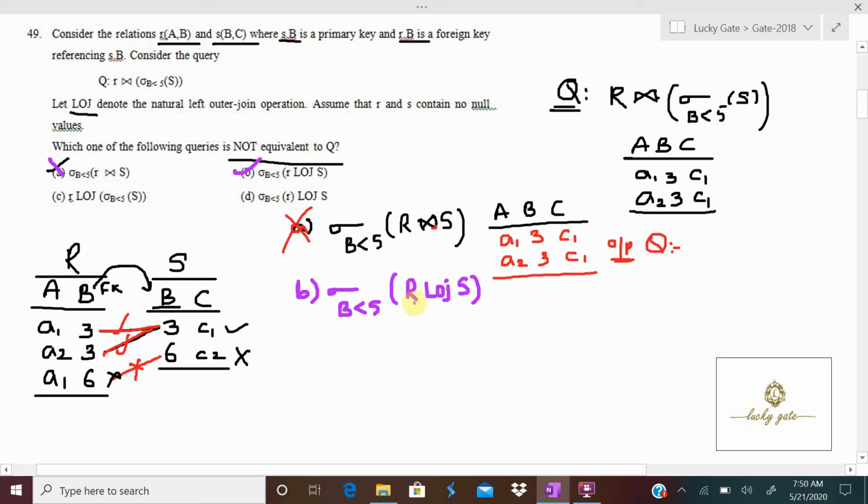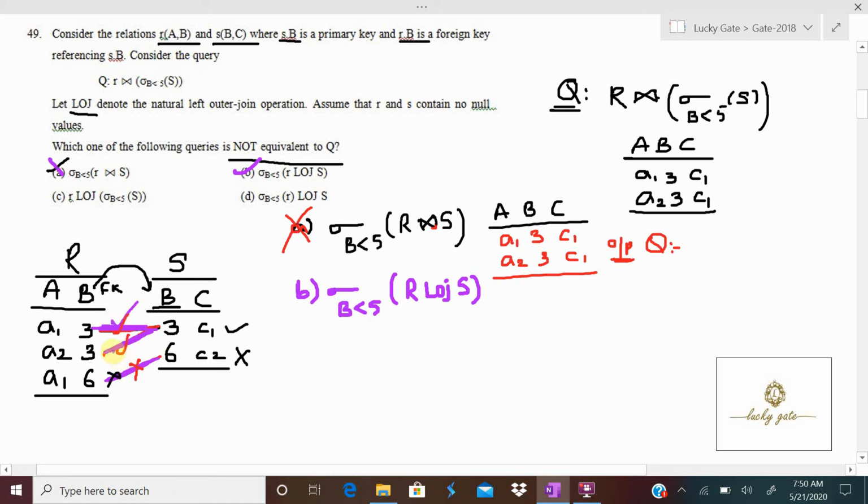First we see R left outer join S. Join will be based on the common attribute, B equal to B. So 3 equal to 3, this is a matching row. 3 equal to 3, this is a matching row. 6 equal to 6, this is also a matching row. Now all three are matching rows only. Among all the three, it is going to select the tuple satisfying the condition B less than 5.